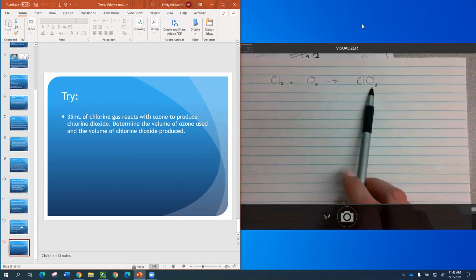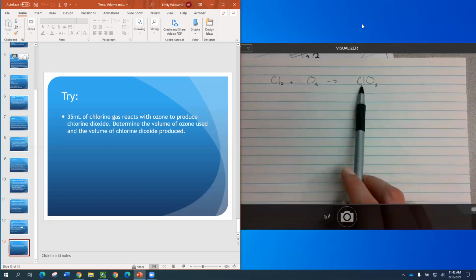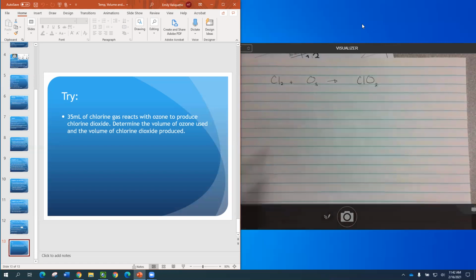And so this is a molecular compound. That prefix of di in front of the dioxide tells us that there's 2 oxygen. And since the chlorine doesn't have a prefix in front of it, it's not like trichlorine or tetrachlorine, that means that there's no little number behind it. So this is what your formula should look like.